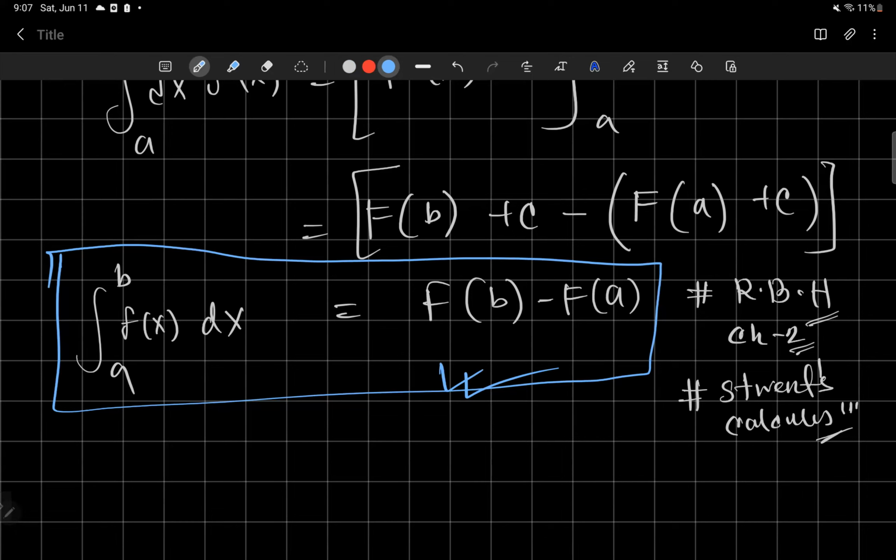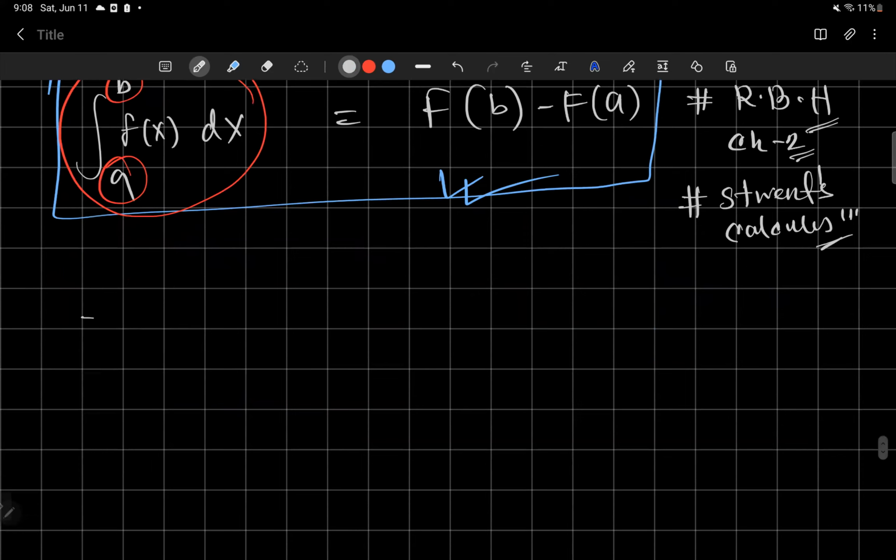In physical problems, whether you get the correct result or not will solely depend on how you set up the limits over here. If you set up the limits right, you will get the right result. If you set up the limits wrong, you will get the wrong result. I mean, the result will be right, but you will miss out a minus sign.